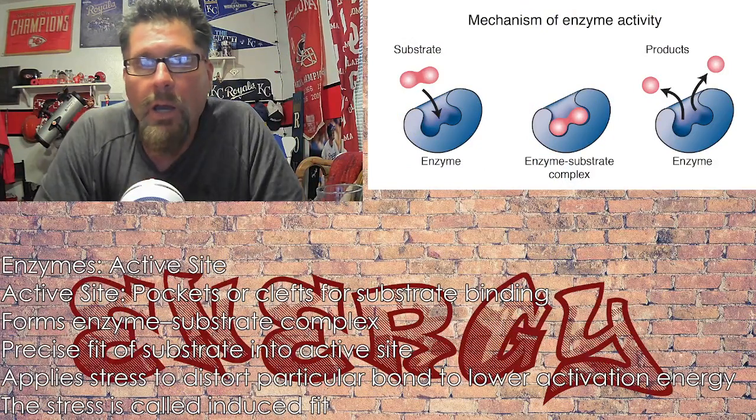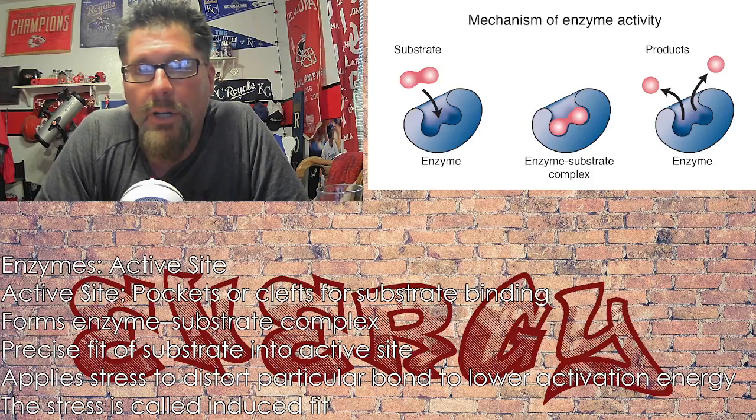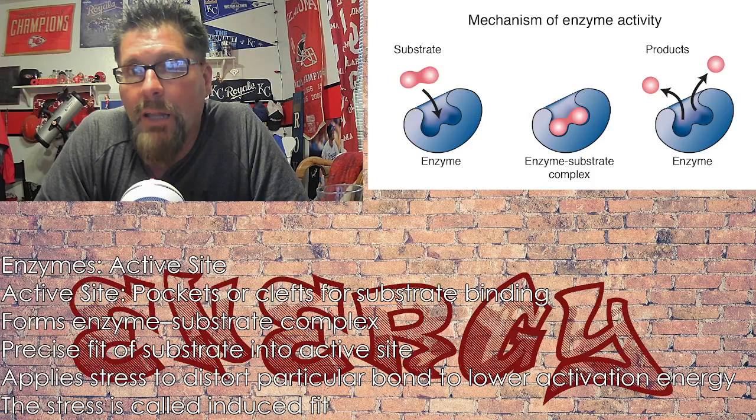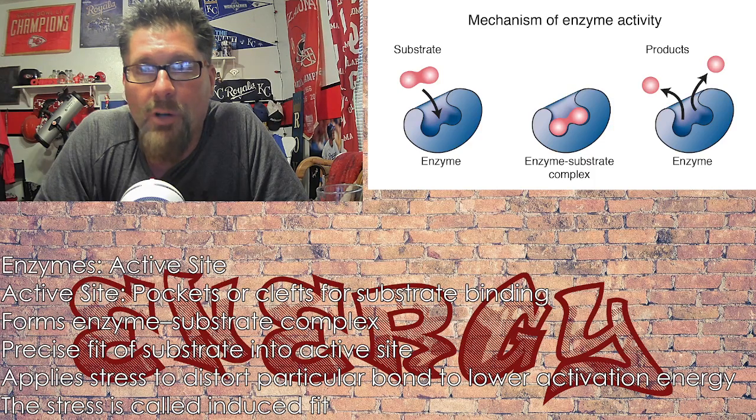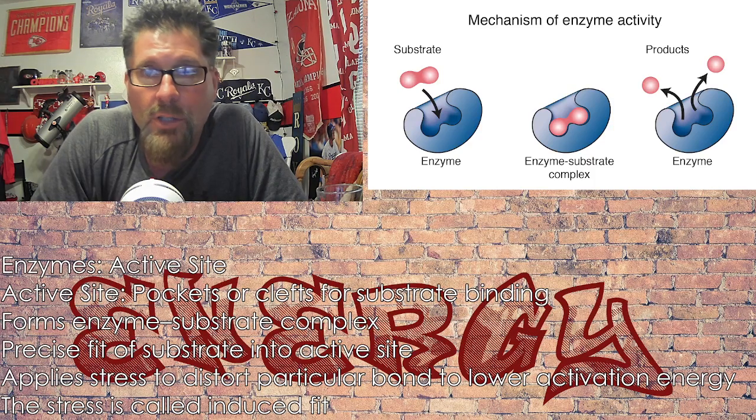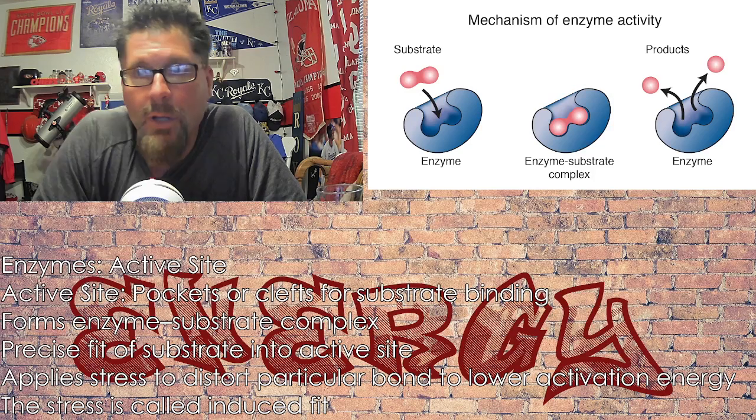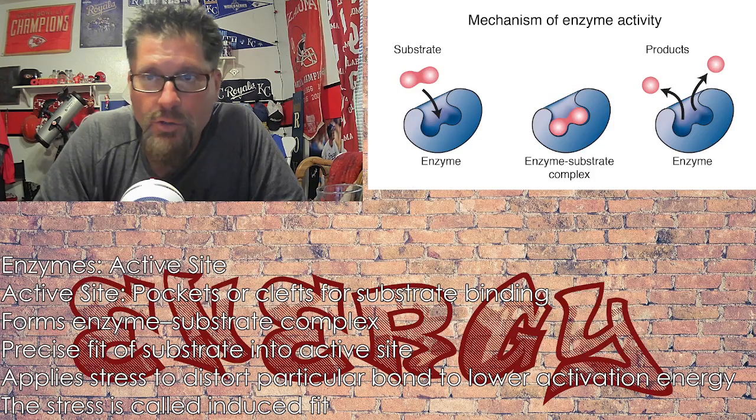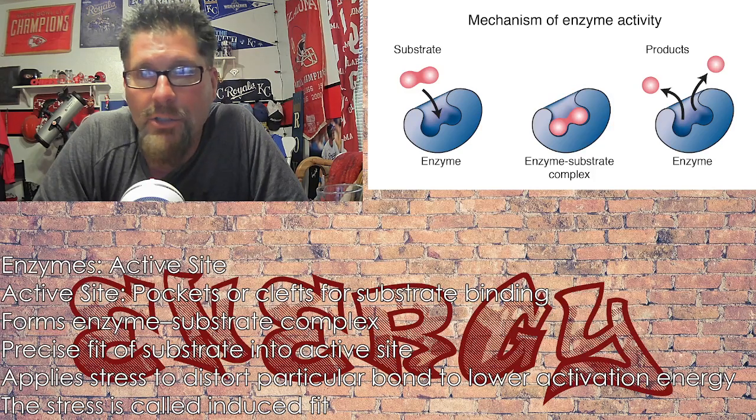So in this picture here, we're going to identify some sites. We've already mentioned the active site. That is simply where the substrate attaches. So in this diagram, the 2 little blue circles where the substrate is going to set into, that's the active site.